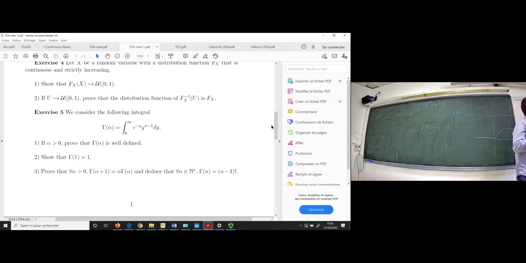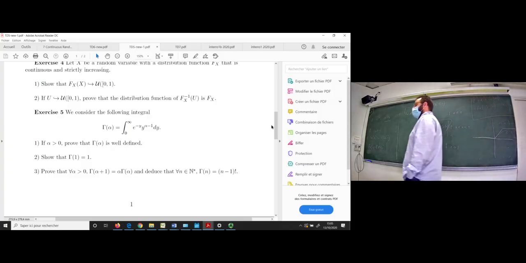You just apply F_X^{-1} to what you have obtained, and then you will be sure to obtain realizations of capital X.